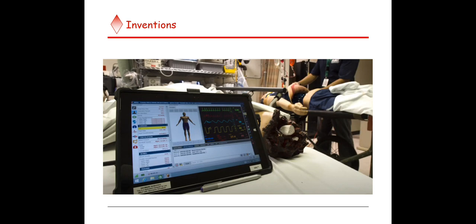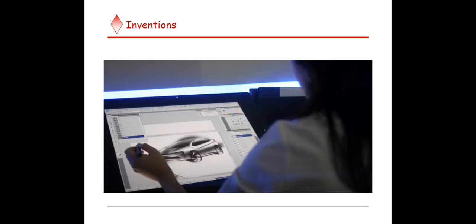Here, the electric signals happening in our body were also recorded in this computing machine. This is also an example taken from the medical field.